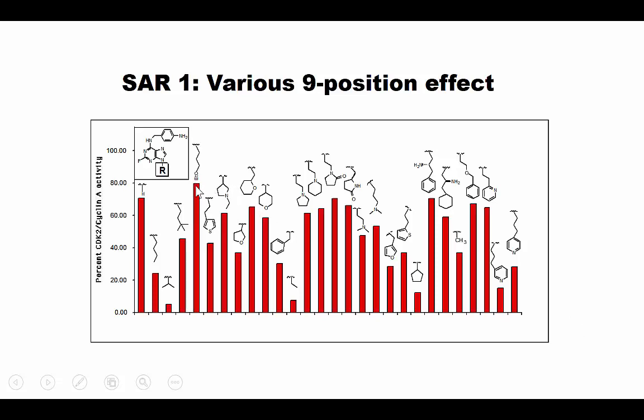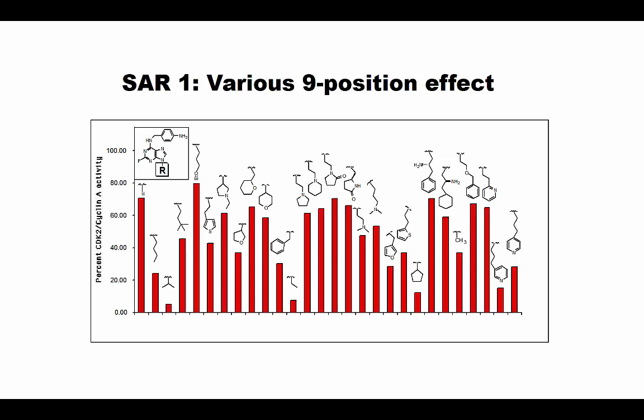For example, the high bar here versus the low bar here, which compound is the stronger inhibitor of CDK2? Can you tell? Even though you do not know the details, by reading the y-axis you should understand what's going on here. I said this 100% is kinase activity.